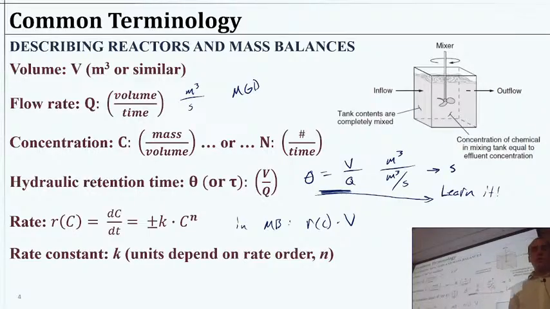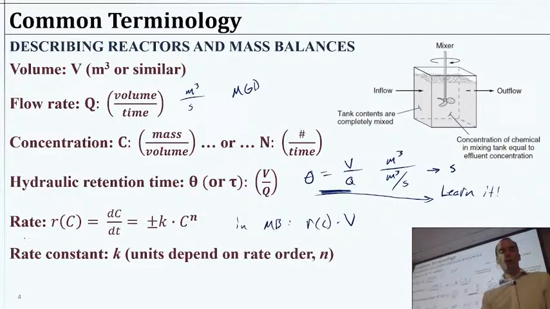Okay, the rate of change of how fast bacteria multiply, we have a constant for that, and they double every so often, is how we might describe that. So the K will almost always be a constant. I mean, it will always be a constant. You'll either be given it, or maybe you solve for it, and it will provide units that satisfy the reaction rate being in mass per time units.